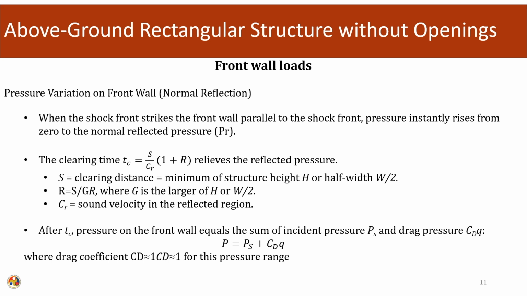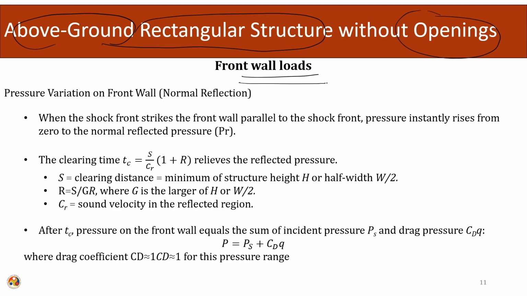So now we are looking into a case where our structure is a rectangular, above ground structure, and it has no openings. We will now see what the loads on the front wall are, that is, the pressure variation on the front wall, considering normal reflections.